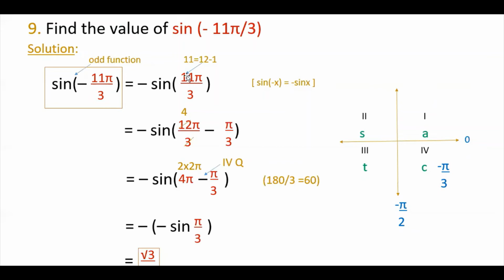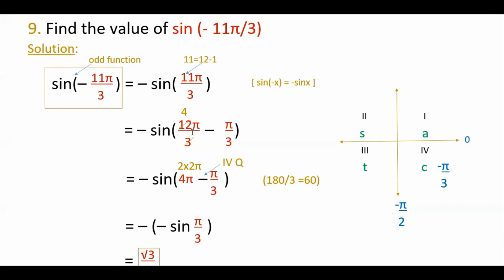So here 11, again you can write it differently. Don't write 10 plus 1, because 10 is not divisible by 3, but 12 is divisible by 3. So you have to write this as 12 minus 1. According to the denominator, you can write these numbers. So 12 is divisible by 3. Write it like this, 12 minus 1.